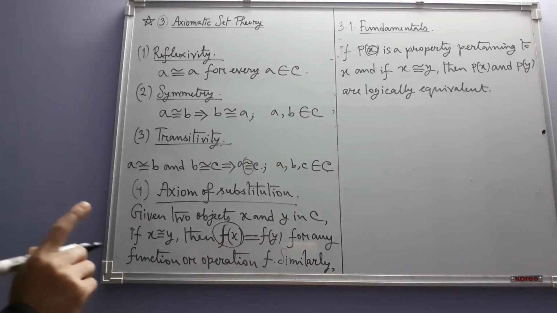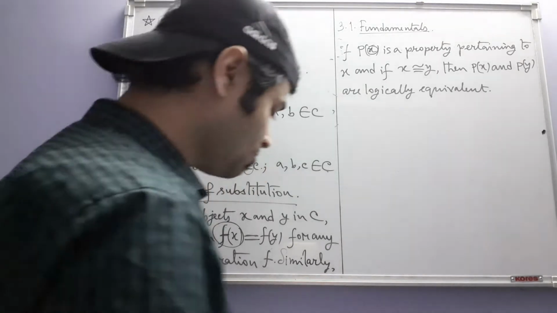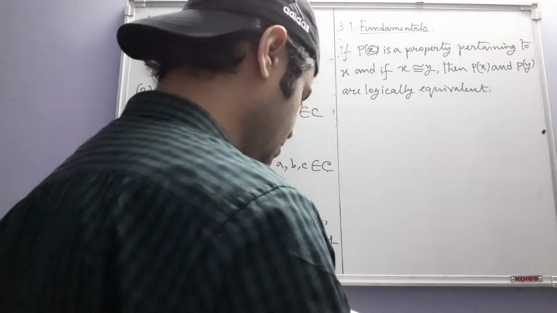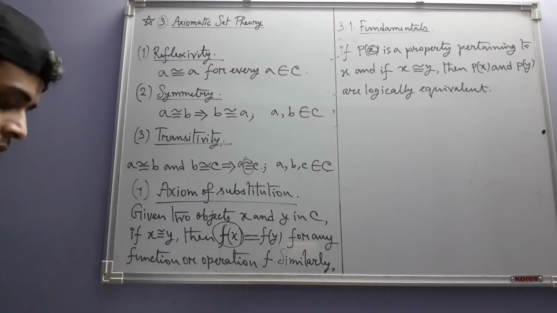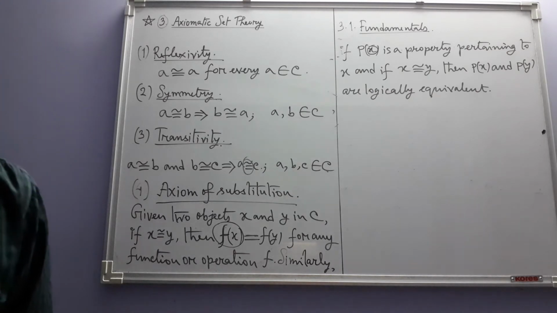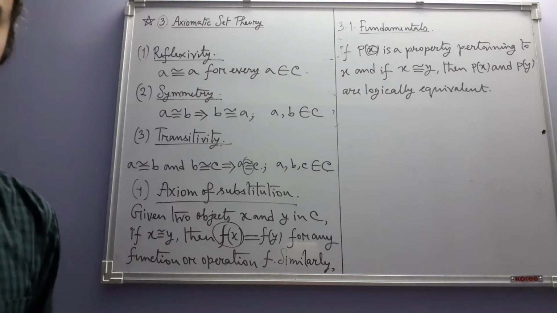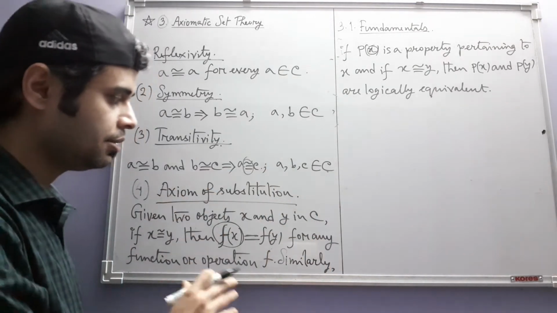Now let's come back to our definition of equality of sets. So we have already defined what their equality means. Now as we go along defining more and more axioms, you see what we are doing.